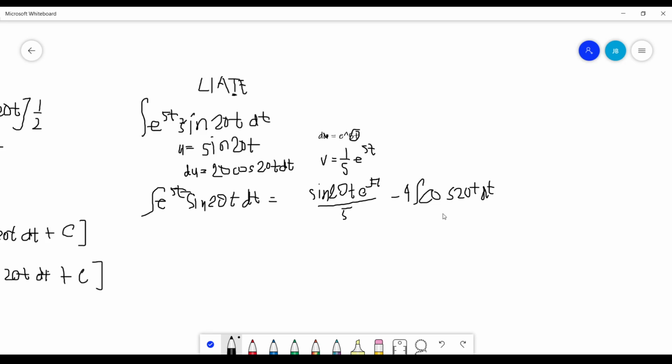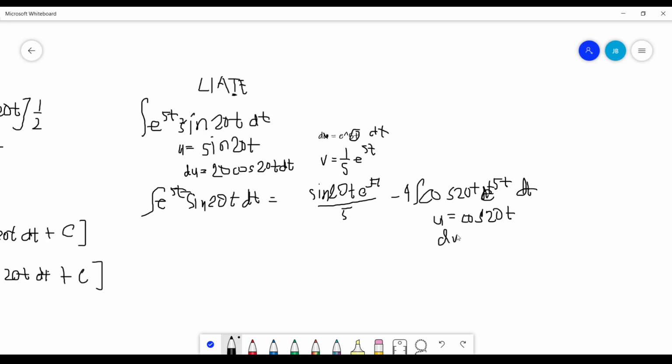Because you're going to integrate this one once again by parts. So you have u equal to cosine 20t, e^5t dt. Okay, I forgot e^5t. So you let cosine 20t be your u.